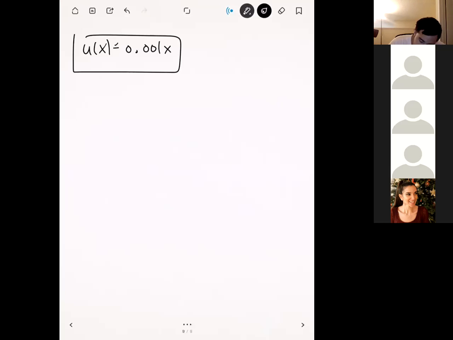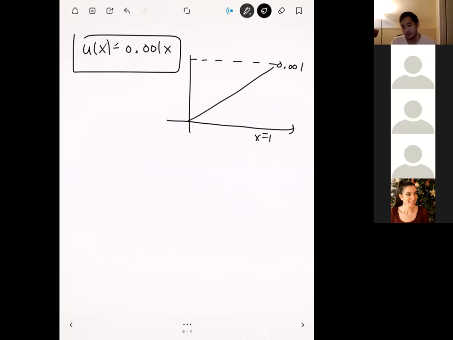Our final answer in this case is simply u of x is equal to 0.001x. If we graph this, we can see that it's simply a linear function. It looks like that, where this is x is equal to 1, and this value up here is 0.001.